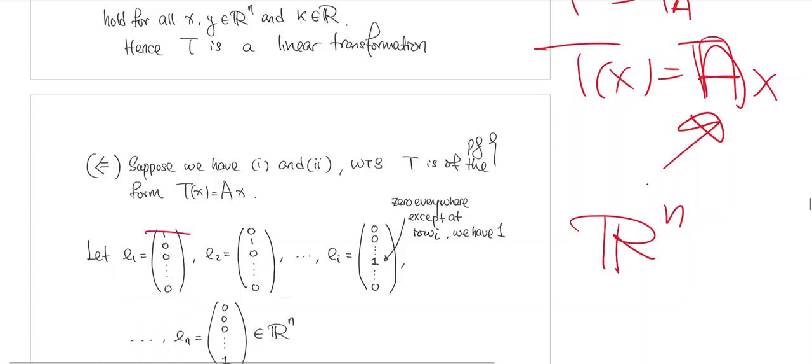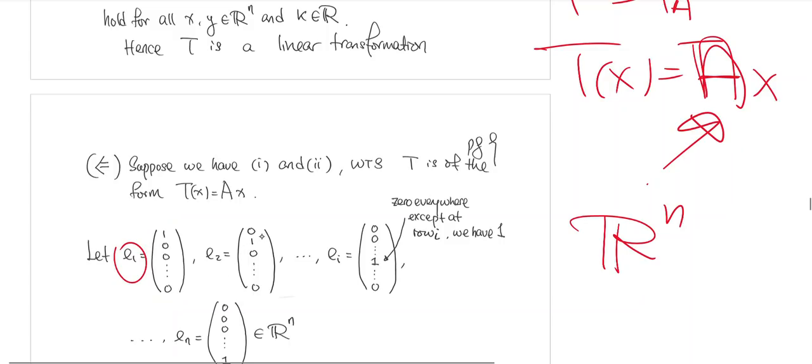Suppose you have n rows here where the first entry is 1, but the rest are all 0. If you have an n by 1 column matrix, which we call a column vector, where the first entry is 1 and the rest are 0, we call that E1.